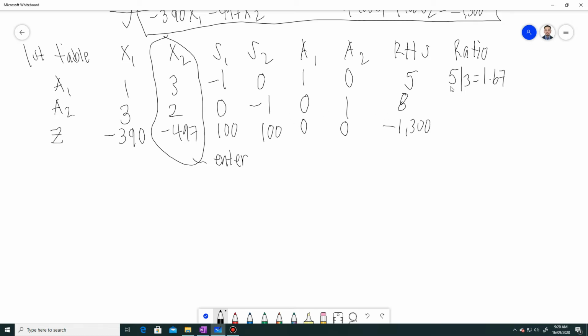Here, we have 8 divided by 2, which equals 4. We will not include the z, so only these two. The next step is to get the lowest among the two. The lowest non-negative value is 1.67. Therefore, this is the leaving variable.